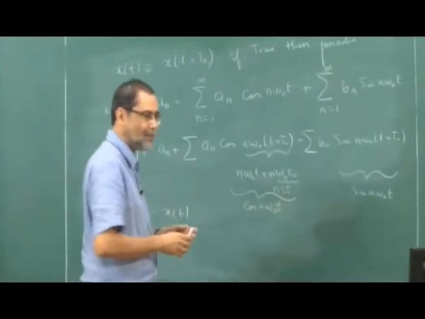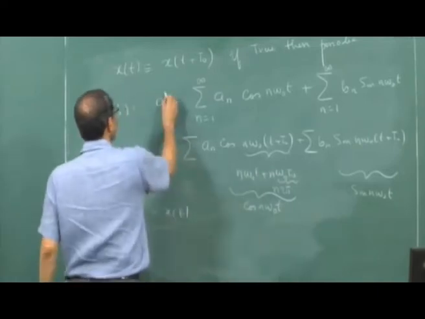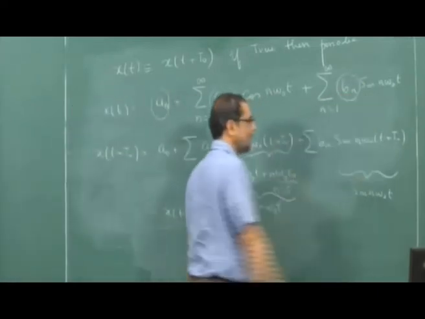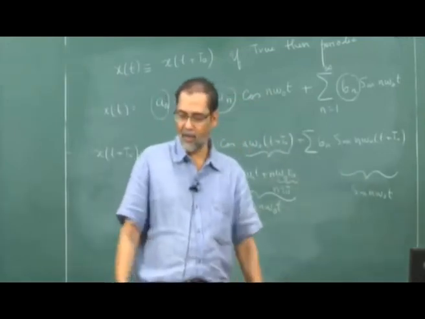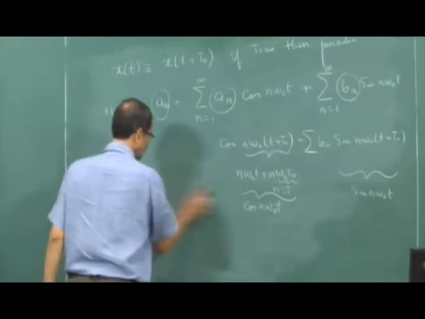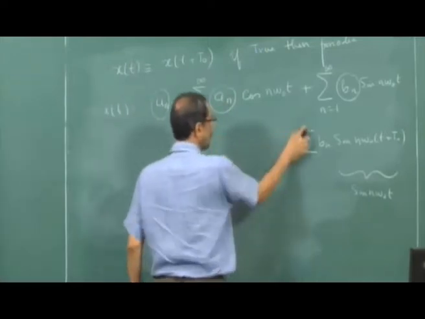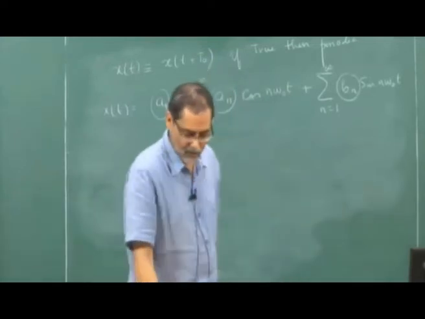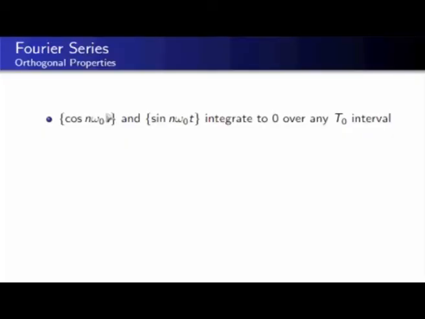Then there are issues about how do you compute these coefficients, the a_n's and b_n's, including a naught and so on. How do you calculate them? For that, Fourier also gave simple relationships, based on orthogonal functions, which is what I'm going to do next.